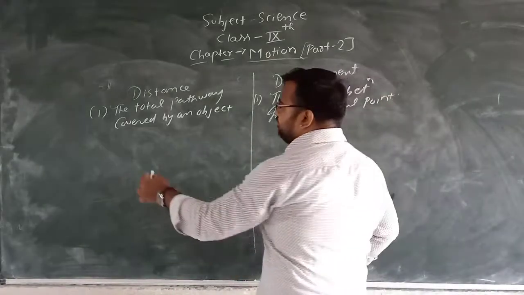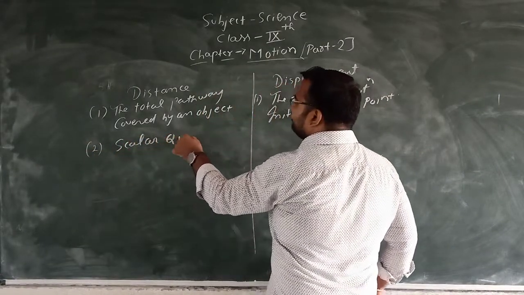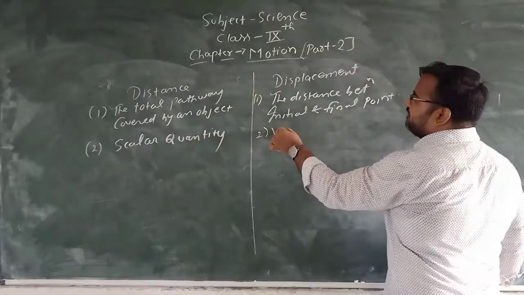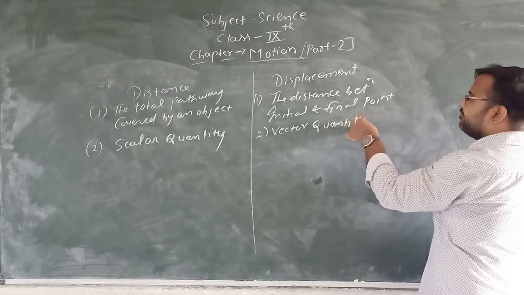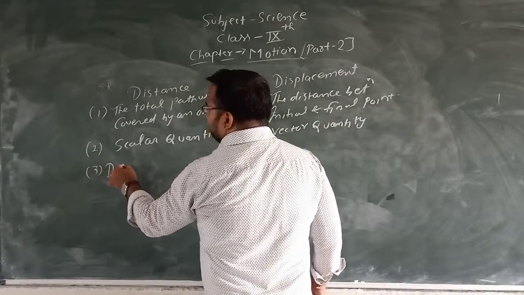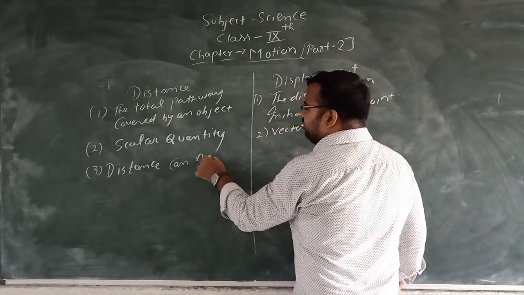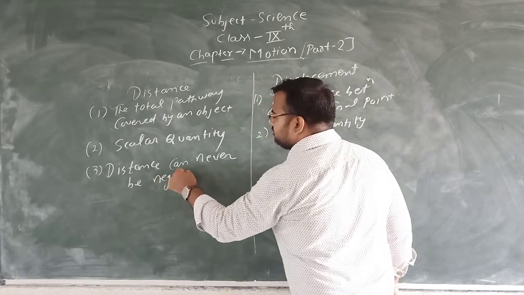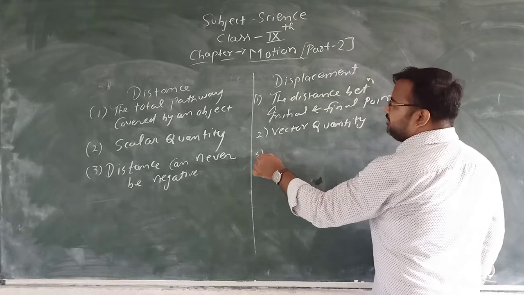Now, distance is a scalar quantity, displacement is a vector quantity. Then distance can never be negative.